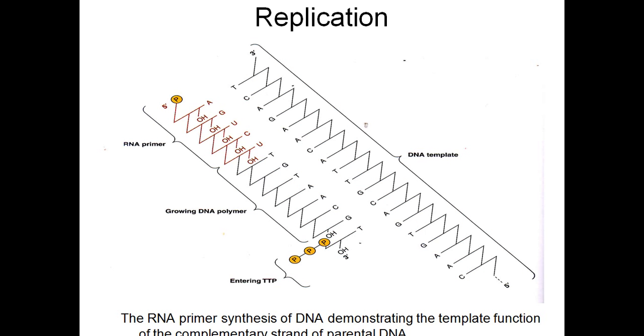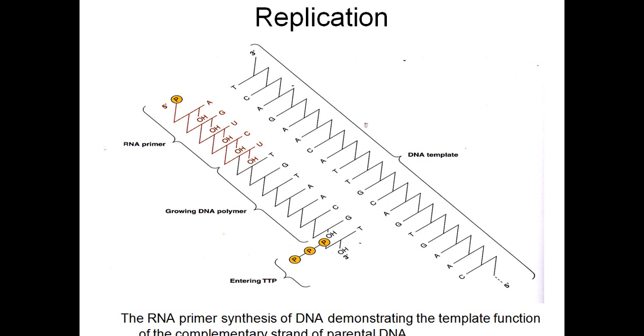This information is complementary, meaning it is opposite to that of the DNA template, whereas the growing strand consists of the same information as the other strand of the parent DNA. The second strand of DNA has information similar to that of the growing strand, so it is copying the information.